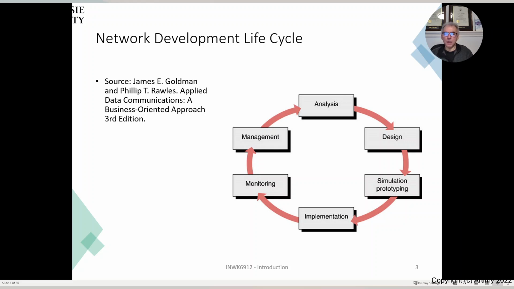Building the network. The whole thing, analysis, design, simulation, and implementation, could take few weeks, few months. It depends on the scale of the network, right? And then once you build the network, now you have to manage it.